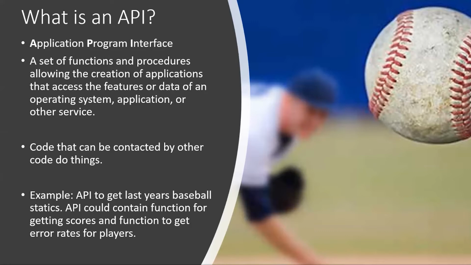So there will be an entry point where you can use JS Fetch to contact that API and say, hey, get me that information about last year's A's statistics, and it will return that to you through your web browser and over the network.